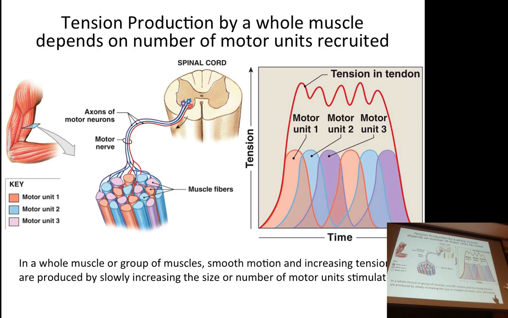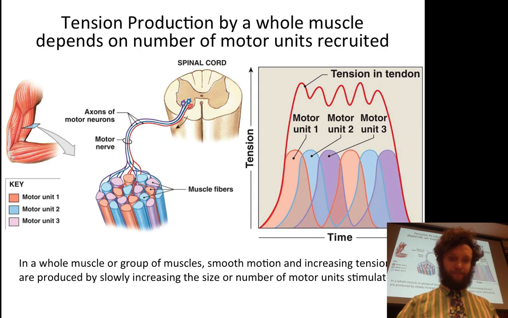The dark red line is the overall tension of the entire muscle. So it's a sum of the action of all the different motor units. If you need higher tension in a muscle, you just add more motor units, or you increase the rapidity with which a motor unit is being engaged. Does that make sense? Should be pretty straightforward.